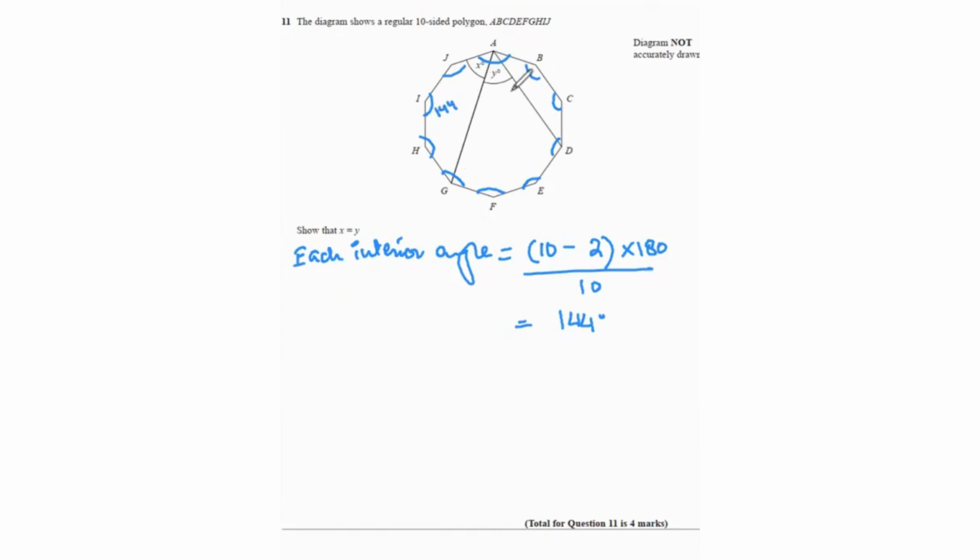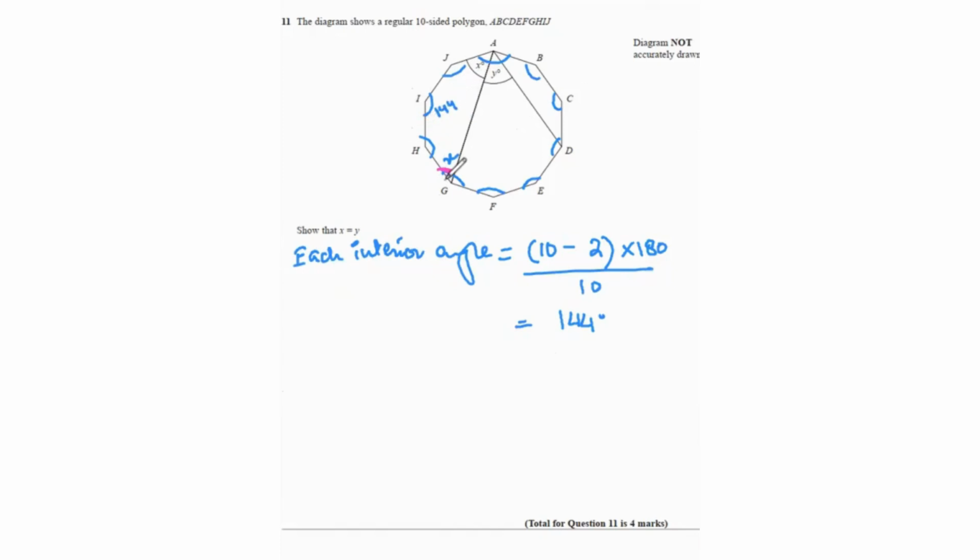It is splitting the polygon into 3 different shapes. If you look at this shape over here, AJIHG, that has 3 144s, and these two angles, they're going to be the same. If this is x, this is also going to be x. This is x. So using this polygon, which is inside the polygon, we can find the value of x.